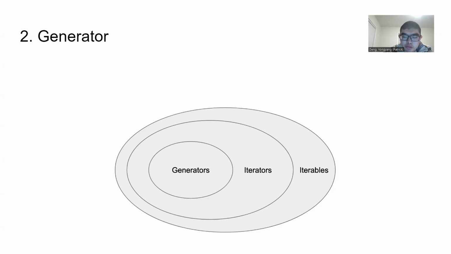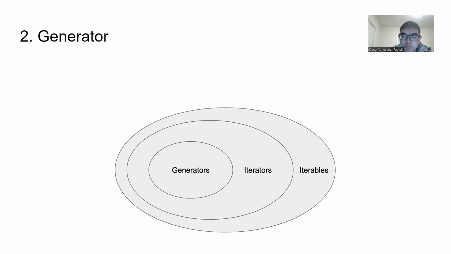A generator is another way of creating an iterator, and it is not fixed, to be honest. With an iterator, you already have a fixed iterable object and you just create a bookmark. But for a generator, things may be changeable and flexible.